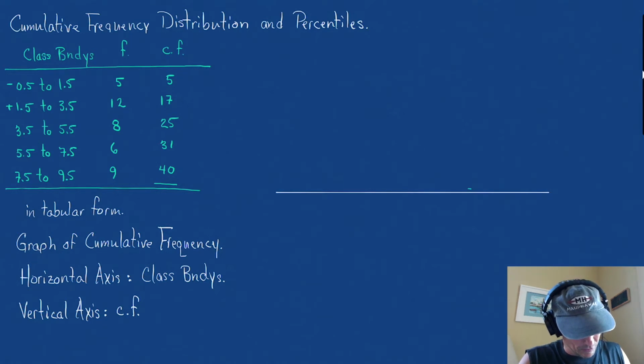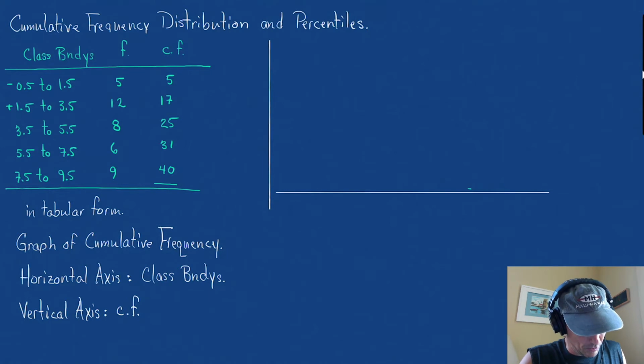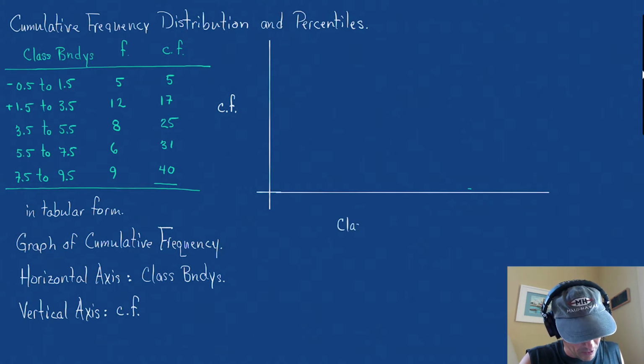So, and then let's do our vertical one. Didn't do so hot on making those intersect, did I? Let's fix that. Okay, there, that looks better. So let's graph it. So this is our cumulative frequency on the vertical axis. We'll have class boundaries. So let's take a look.